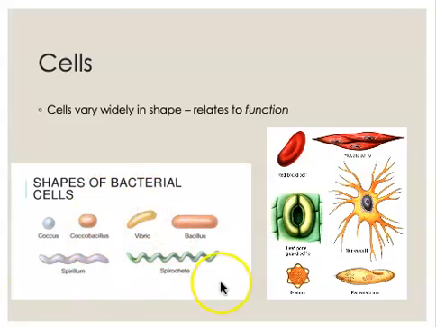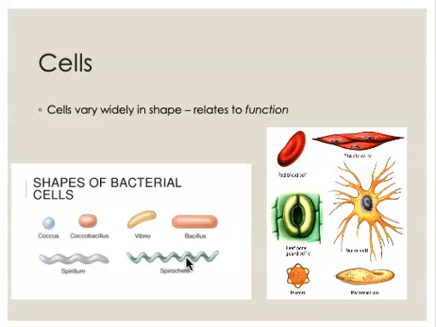Underneath, you can see two cell shapes that are vastly longer than any of the other cells and helical or twisted. These are the spirillum and the spirochete. These two cells can be difficult to differentiate.